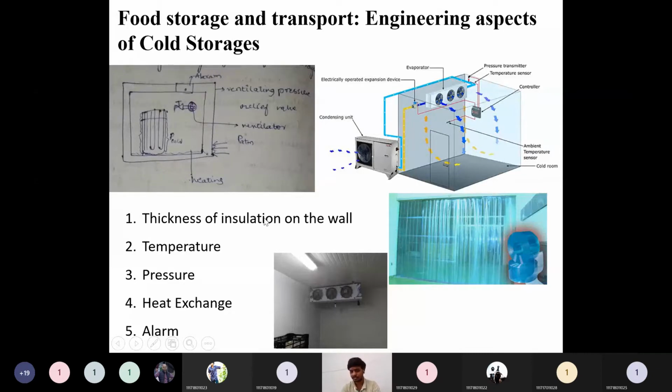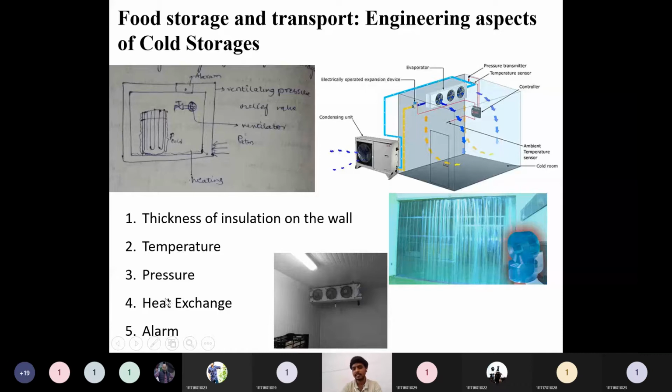So the first one is thickness. Depending on the cold environment which we require inside, we have to fix the insulation thickness. Then temperature: depending on the temperature, proper ventilation is required. Then depending on pressure also, ventilation is required.